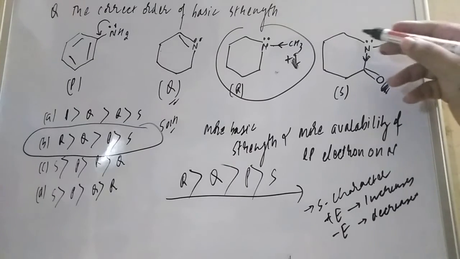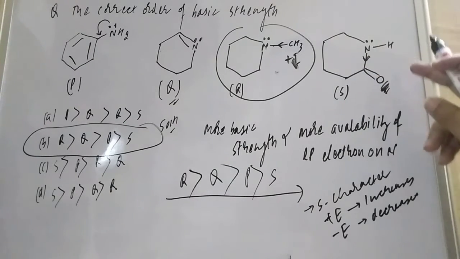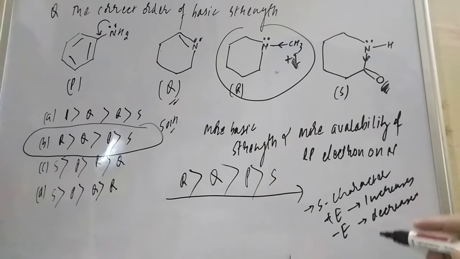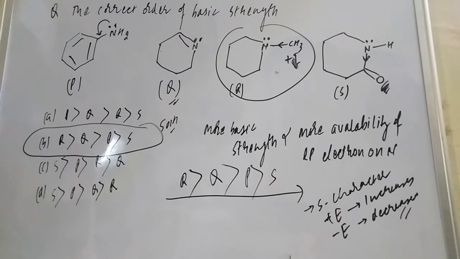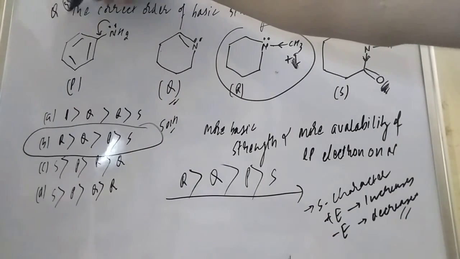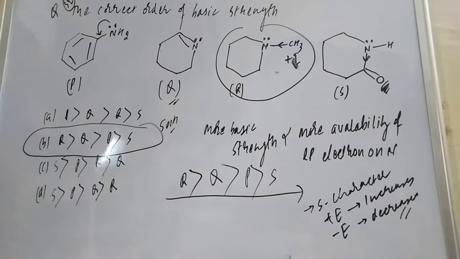Compared to resonance, minus I will be the preferred one. So s will be the least basic. So this is all about question number 52, and the correct option is option number B.